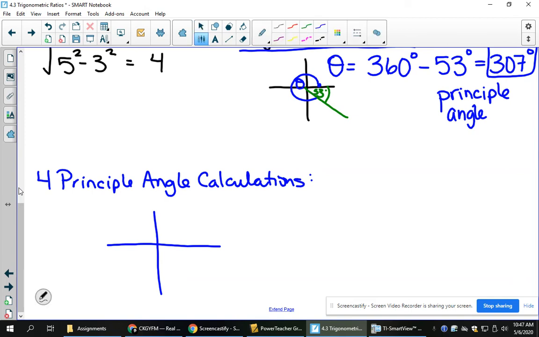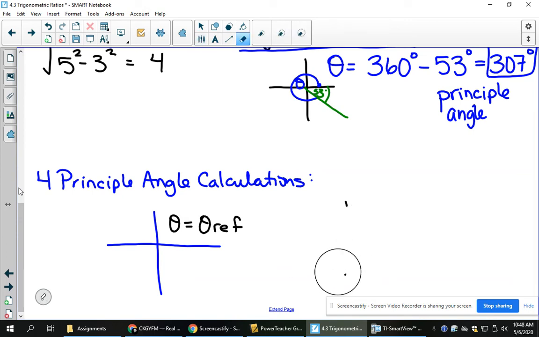If I'm in quadrant 1, the angle I'm looking for is exactly the same as the reference angle. Think about that. A terminal arm here, the principal angle always goes back to the positive x-axis. Well, in quadrant 1, so does the reference angle. They're the same thing.